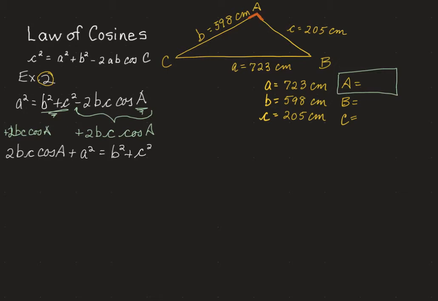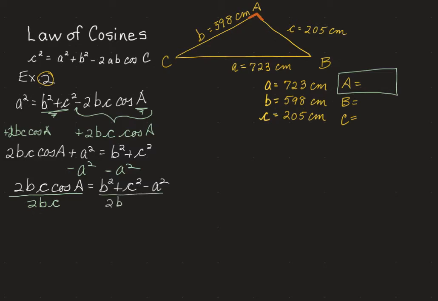All right, we still have to isolate that A, so next we're going to subtract A squared from both sides. From this point, because 2 times side B times side C is multiplied by the cosine of angle A, and we are still looking for angle A, we're going to divide both sides by 2bc, leaving us with a rather complicated fraction on the right side, but we're still not done.